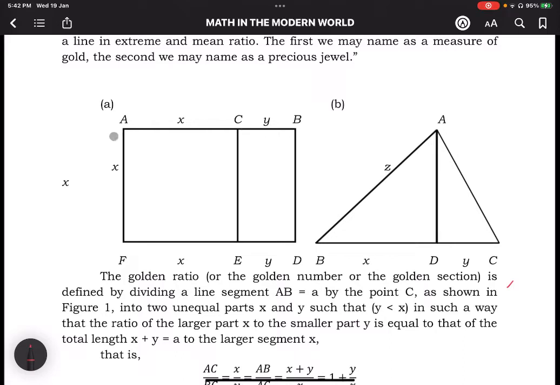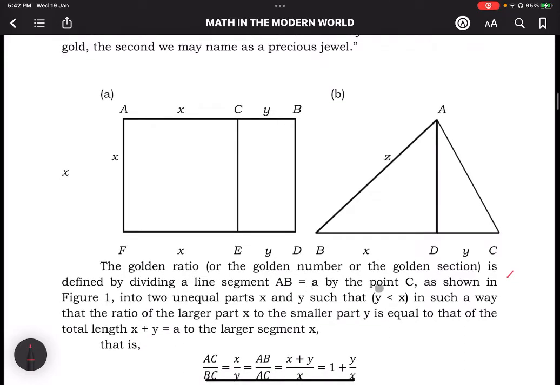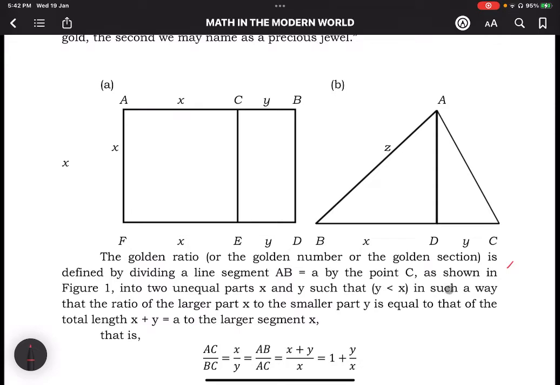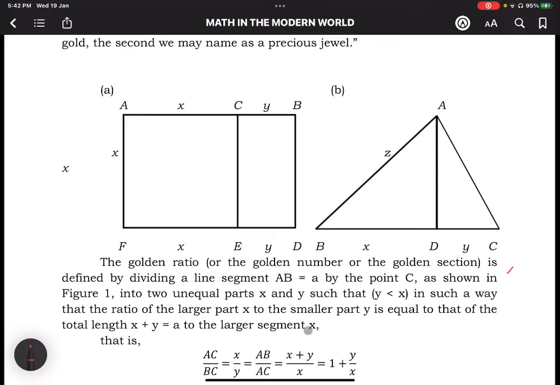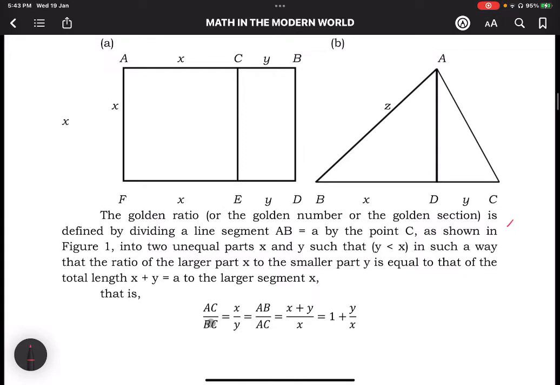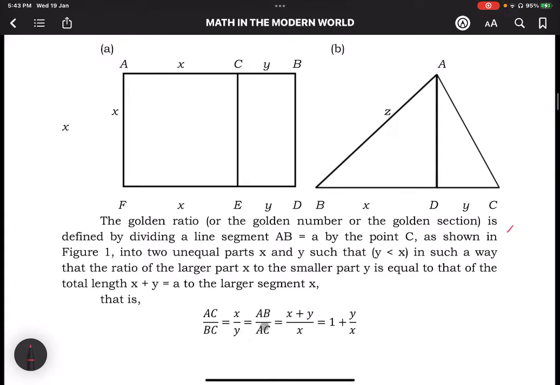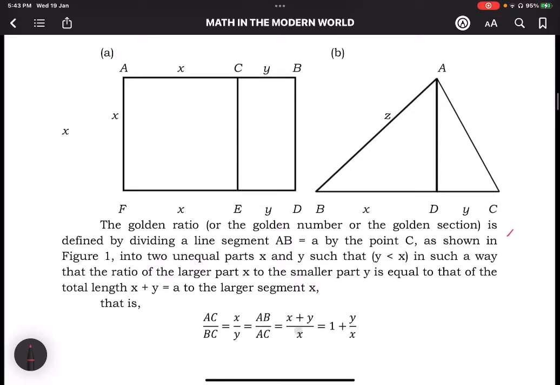Ayan, ito yon, line segment AB equals A by the point C. So, dinivide natin yung segment na yon by point C, as shown in figure 1, into two unequal parts, X and Y. So, X and Y, mapapansin nyo, mas malaki si X kaysa kay Y, such that Y is less than X in such a way that the ratio of the larger part X to the smaller part Y is equal to that of the total length X plus Y equals A to the largest segment of X. So that is AC over BC equals X over Y equals AB over AC equals X plus Y over X equals 1 plus Y divided by X.